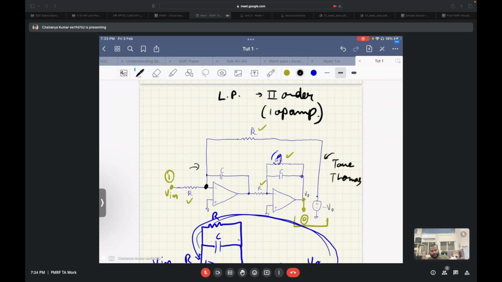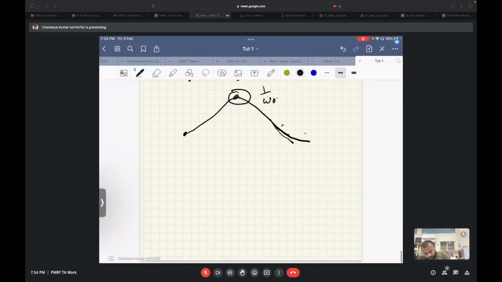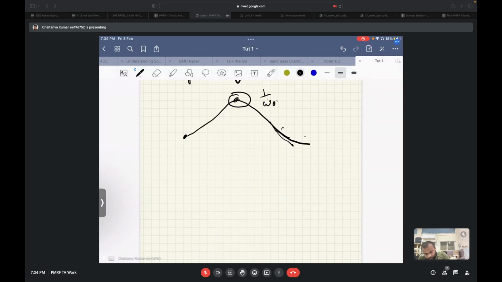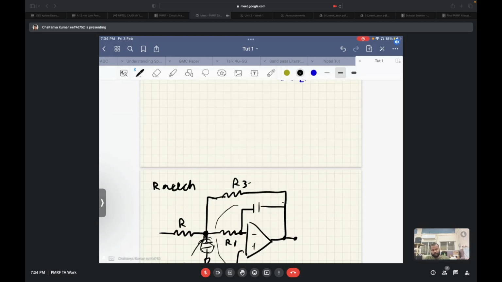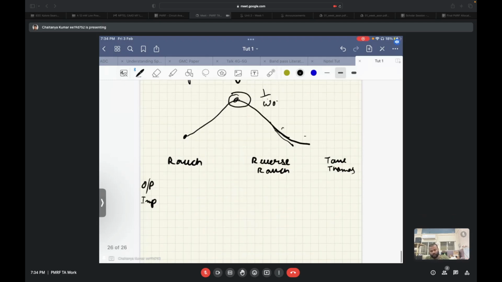So if we try to compare the Rauch, reverse Rauch and Tow-Thomas, so we have Rauch, then we have reverse Rauch, then we have Tow-Thomas. So the output impedance: here you are again taking the output from a low impedance node, so the output impedance is zero.